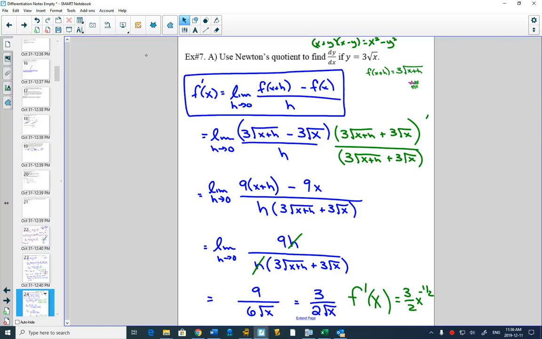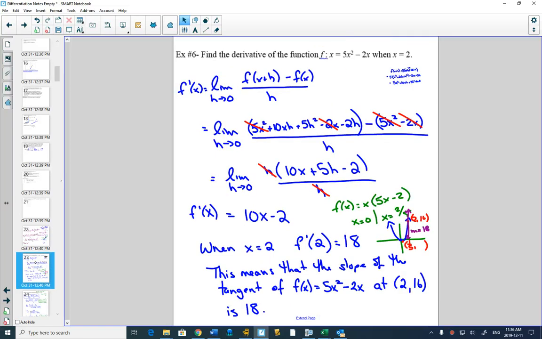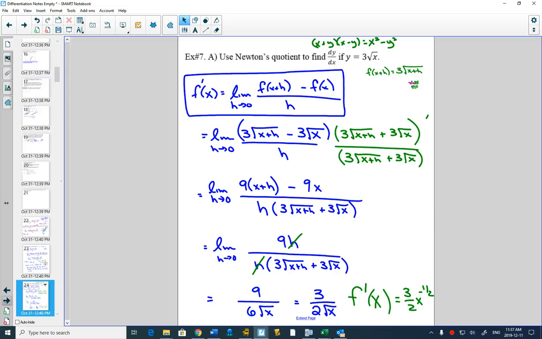Yes? But once you know the shortcut, you can use it to verify your other answer. So like the shortcut in the one we just did, 10x minus 2, you will just be able to look at it and say, oh, it's common sense that the derivative is 10x minus 2. That's where we're going to get to in this unit. But right now, we're doing everything the long way.